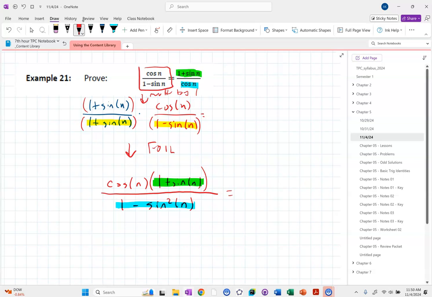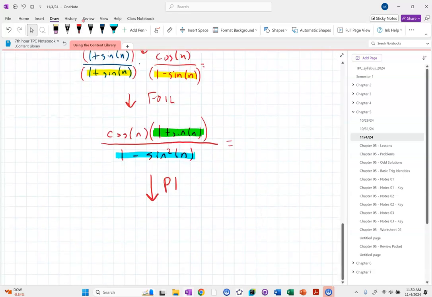Yes, Mr. Kulik, you can. Isn't that one of our alternate versions of P1? Right, if you look at P1 and you subtract sine squared from both sides, wouldn't P1 then say cosine squared equals 1 minus sine squared? Yeah, it would.